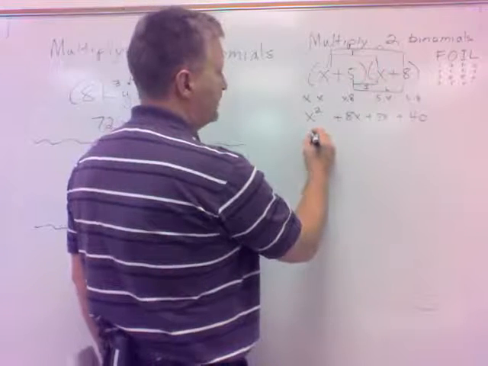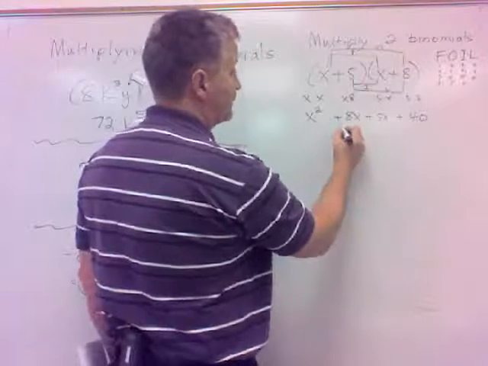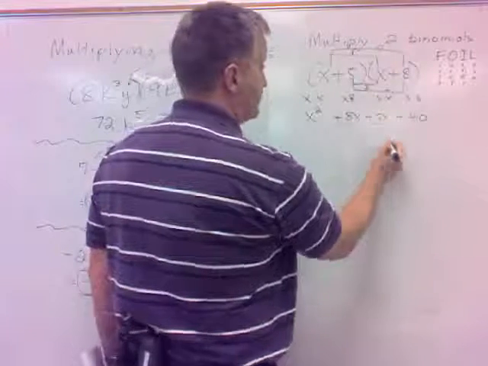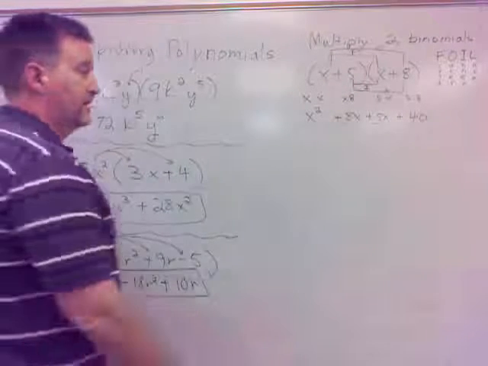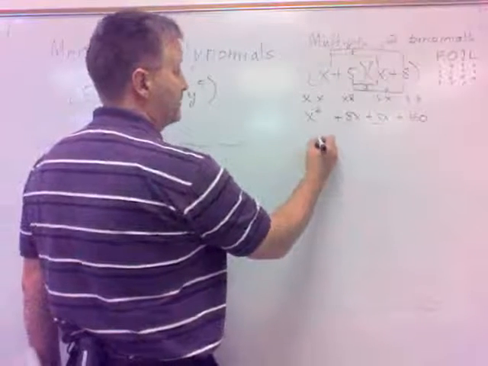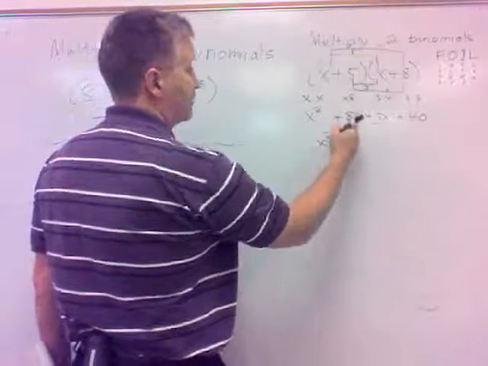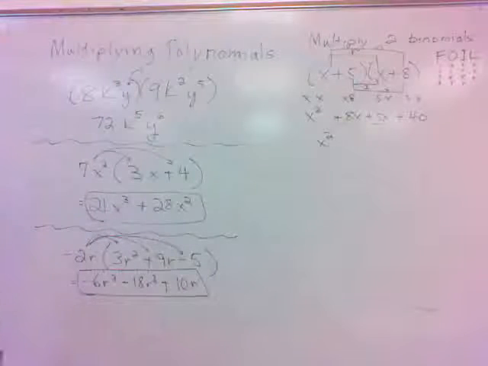Okay, so that's our result. Now, of course, what we have to watch for is, like in this case, we're talking 4 terms, and if we have like terms, we do need to simplify those, right? Combine the like terms if you can. Sometimes maybe not any 2 combine, but in this case I do have in the middle the like terms of 8x and 5x, same variable with the same power.